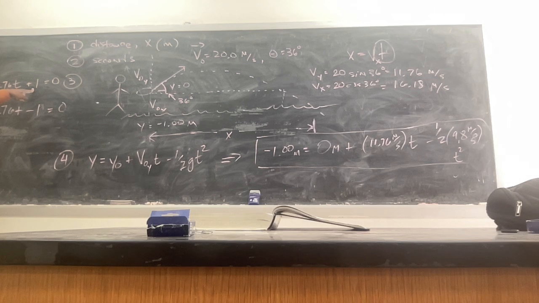Then I multiplied the entire thing by negative 1, and that just changed the signs.